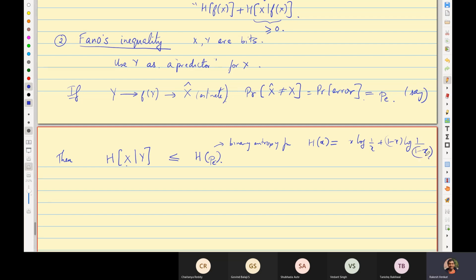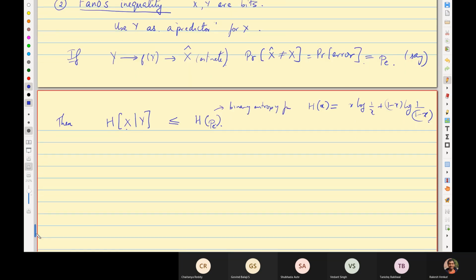Let's see that this peaks when x is equal to half. So this is the entropy function. The entropy of x given y is at most this. So maybe I will give an outline of how this proof goes. The idea is to introduce a new random variable e for the error.